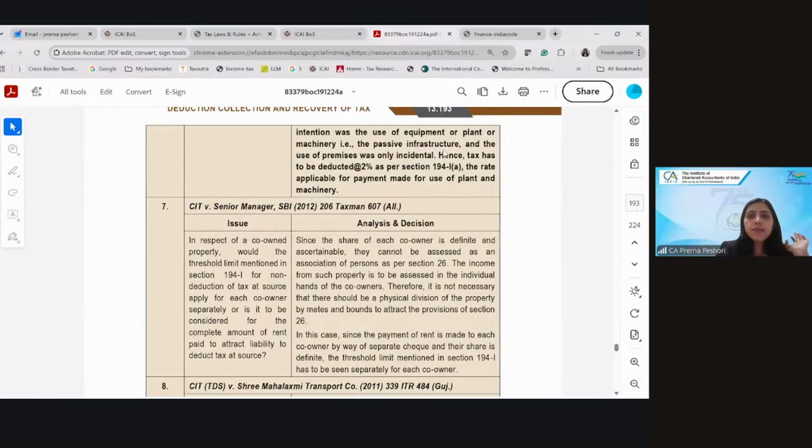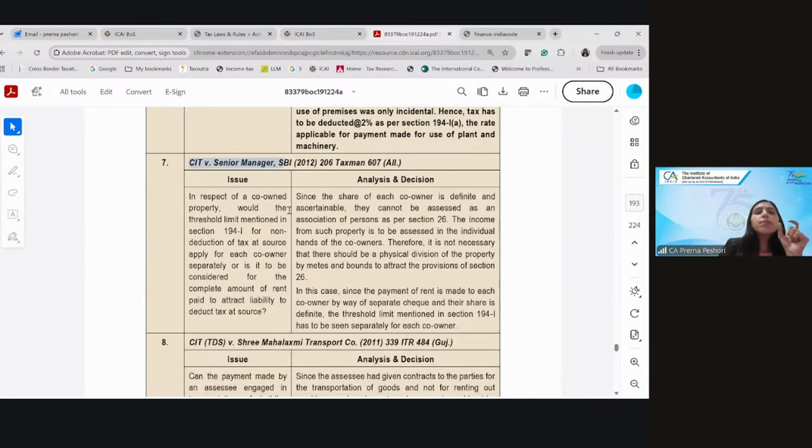Okay. Next case is of Allahabad High Court in the case of CIT versus Senior Manager SBI. The question was in respect of a co-owned property, where the property is owned by two owners and the rent is being paid to the two owners separately. Now 194I gives you the threshold of 50,000.